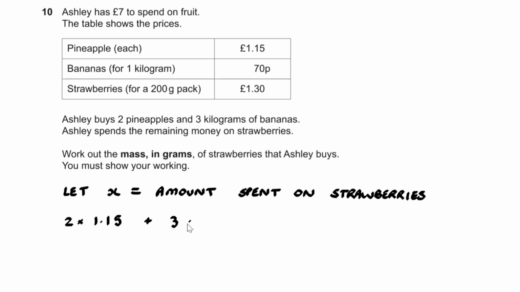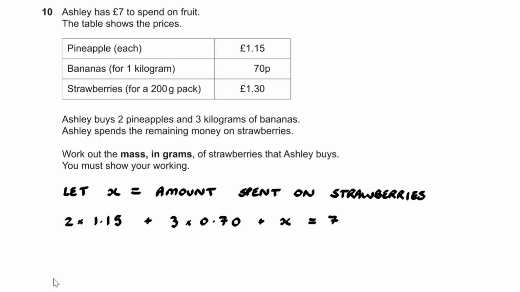So we add on 3 times 0.70. This is the amount spent on bananas, plus x, which is the amount we spend on strawberries, the result of this is £7.